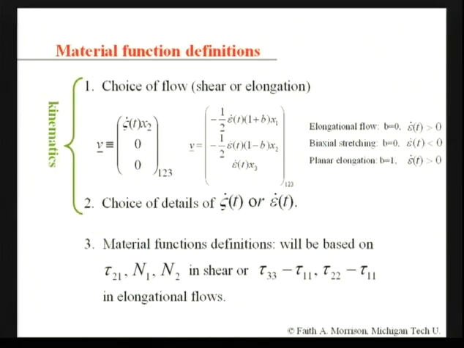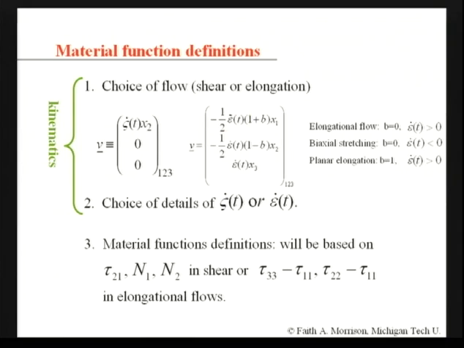So the kinematics, kine, comes from the Greek for motion. Okay, so these are the motions that you have to subject the material to in order to be talking about a particular material function. And this is going to be either shear or elongational flow. So we choose the flow, shear or elongation, and then we choose the details of these time functions that appear inside the definition.